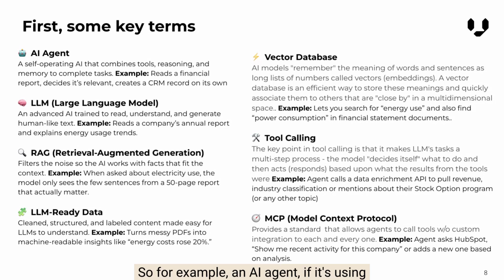So for example, an AI agent, if it's using the HubSpot MCP, can independently access HubSpot, and it can, for example, complete a task like show me recent activity for this company and add a new company record based on the analysis.